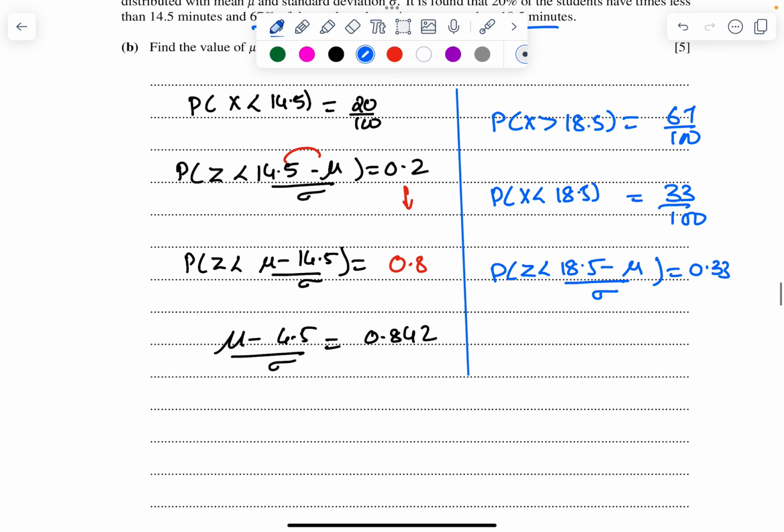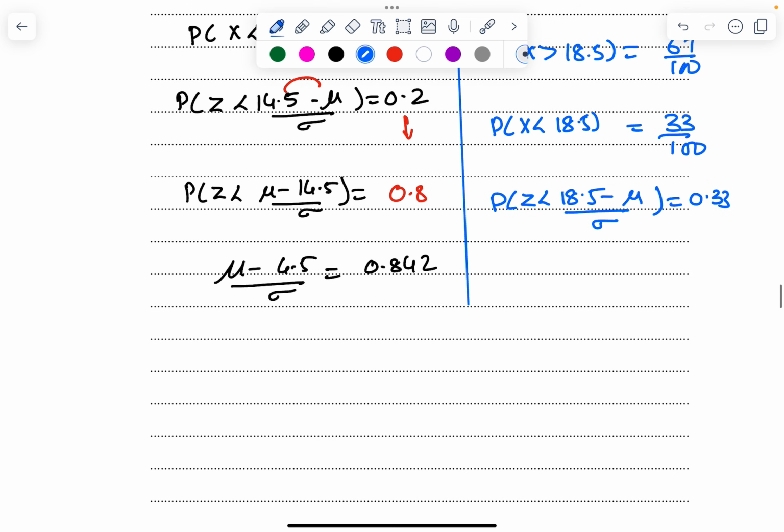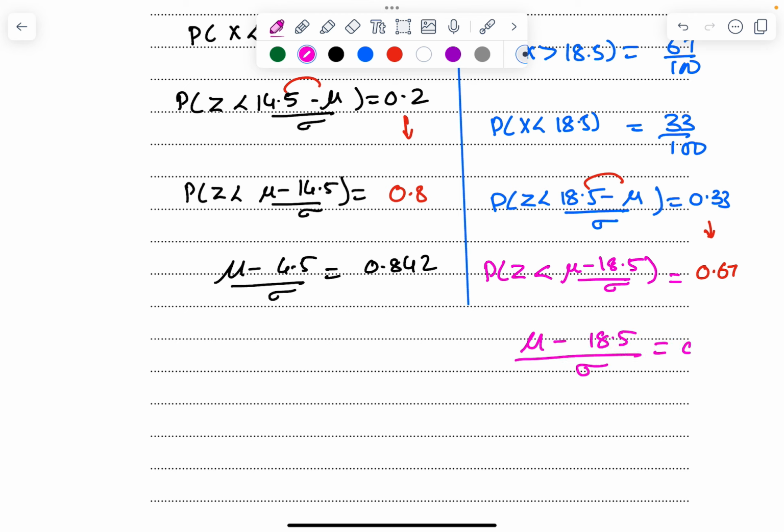But again, this value is not there in the table. So therefore, we subtract from 1 and get 0.67. So we swap this one. So it becomes probability of z less than (mu minus 18.5) by sigma equals 0.67. So (mu minus 18.5) by sigma equals 0.44 from the table.